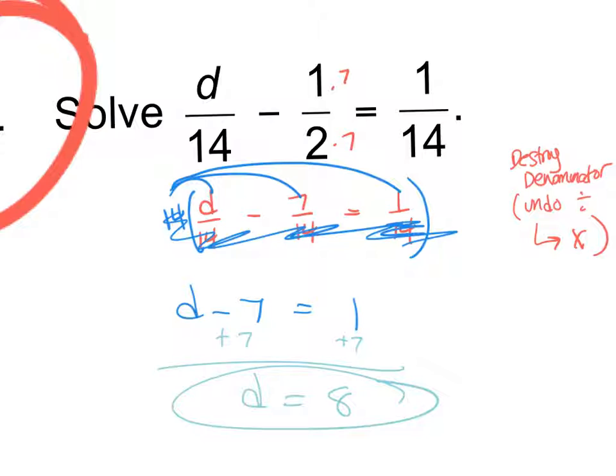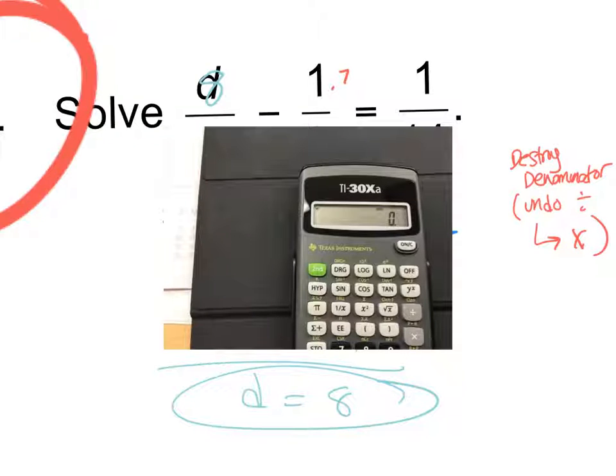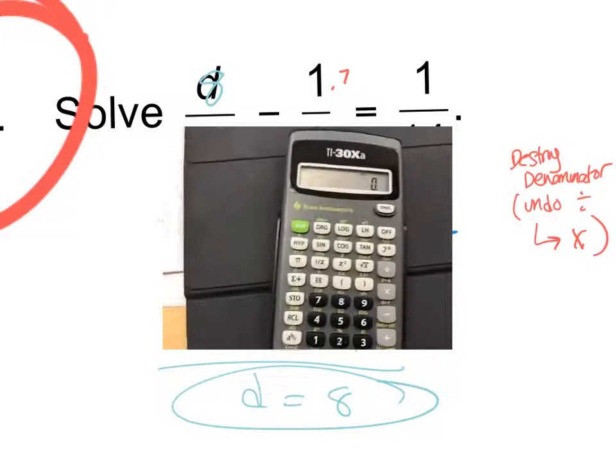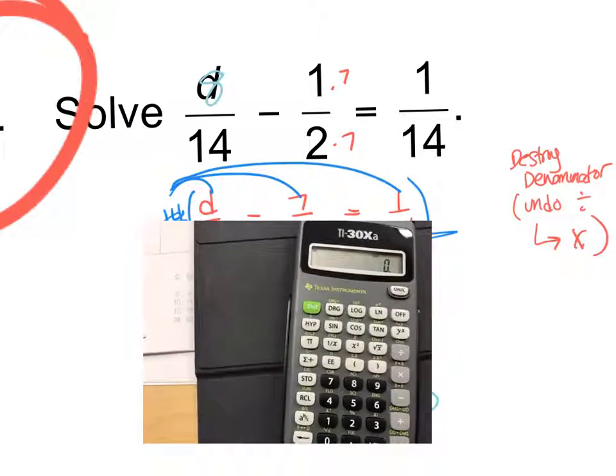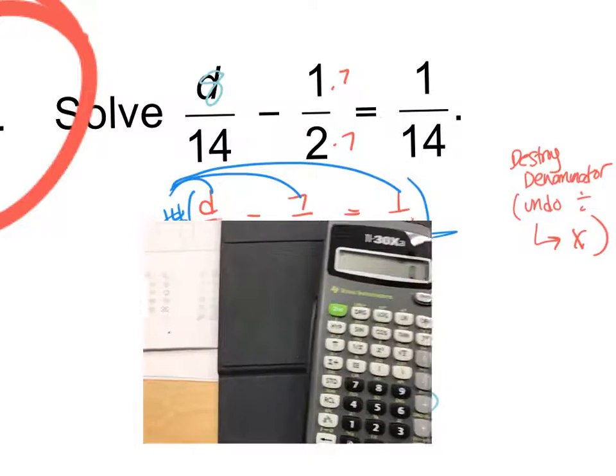You could check your work, especially because you have a calculator. The way to check your work would be to plug in the 8 into the numerator. So essentially you would have 8/14 minus 1/2, and you want to make sure it gives you 1/14. So to do that, you would use your calculator, and 8/14, so we're doing 8/14, if you notice right here.